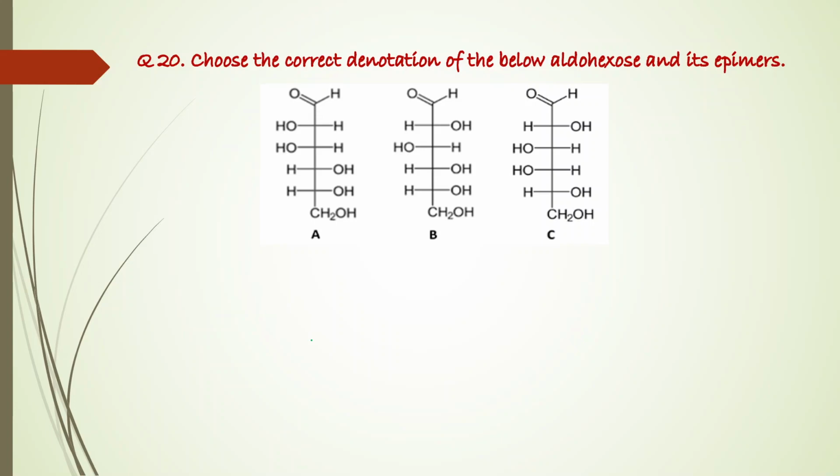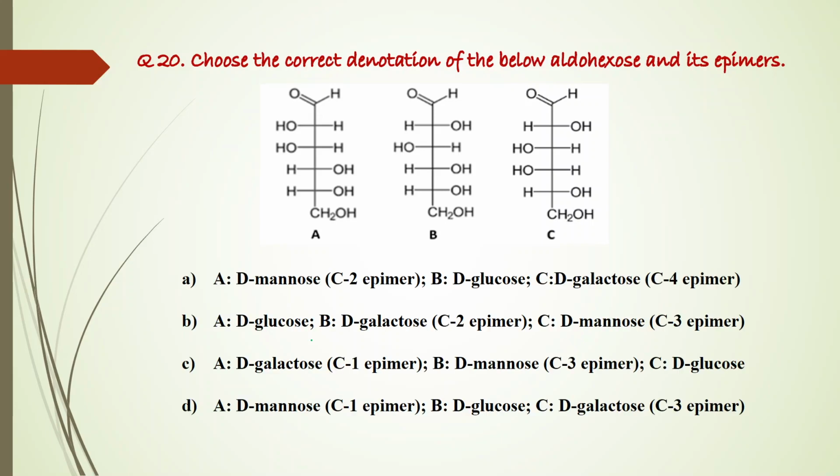Choose the correct denotation of the below aldohexoses and its epimers. So there are three structures A, B and C. You have to choose the correct options for them. What is an epimer we have discussed. In case of epimers, we just change the stereochemistry of one carbon center.